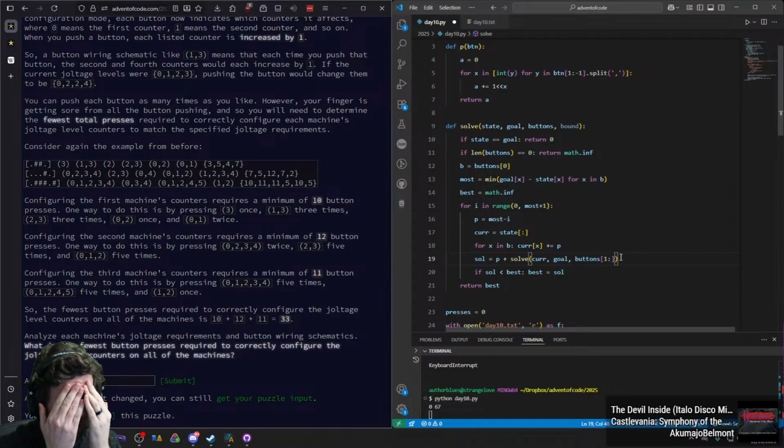So essentially what I want to do is, when I find a solution that takes X number of presses, I don't want to even explore a solution that might take more presses, right? So how do I want to write this?